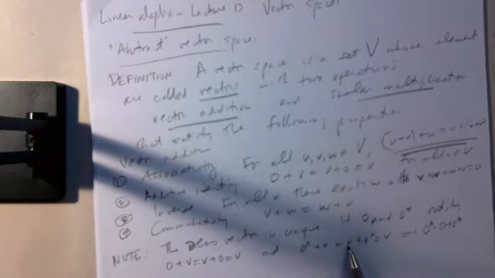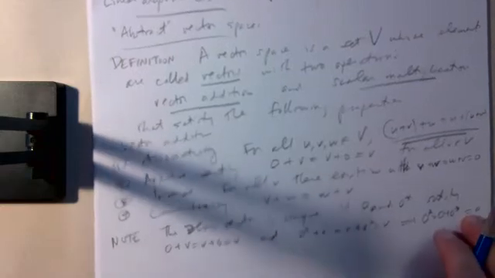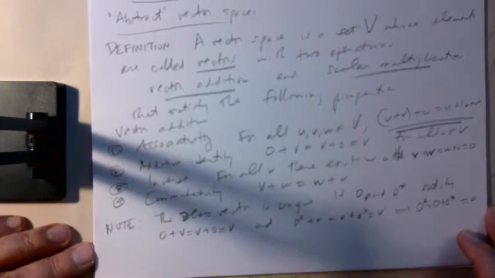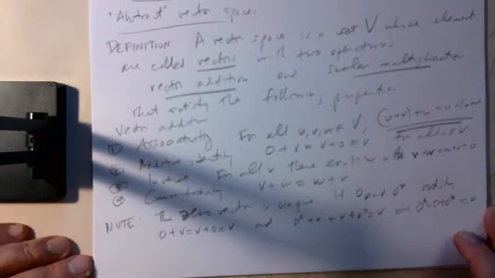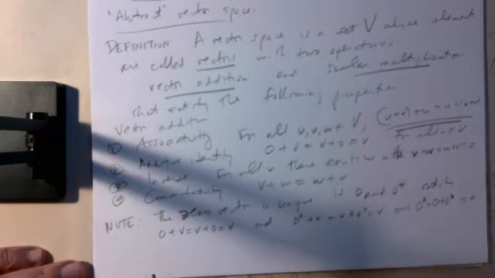But because anything plus 0 star is the anything, 0 plus 0 star is 0. So this equation says 0 star equals 0. So that's a proof that the zero vector, the identity under addition in a vector space, is unique.